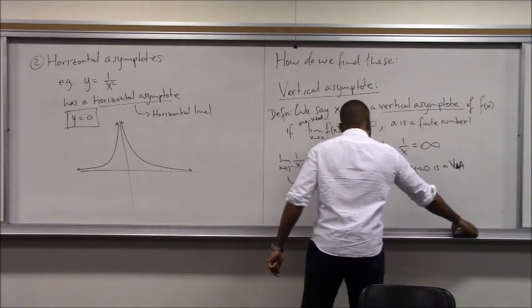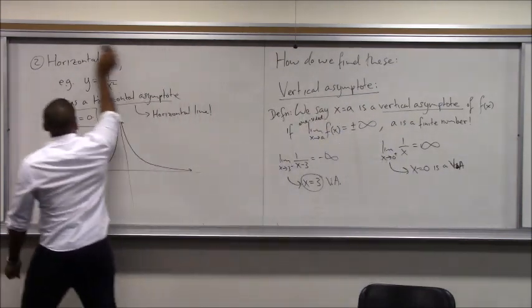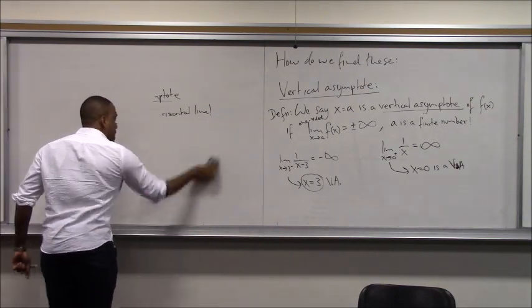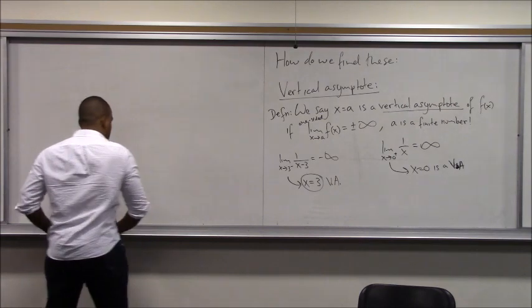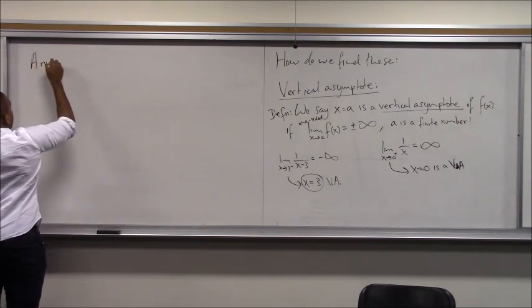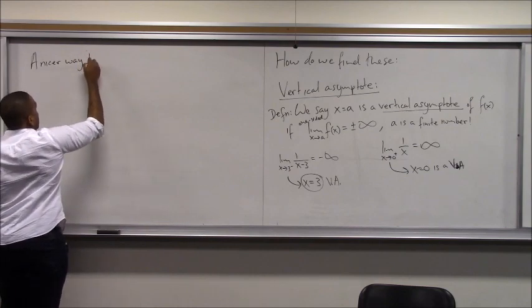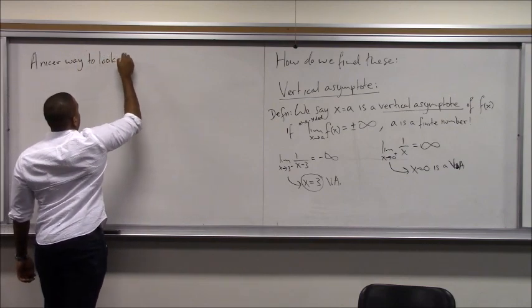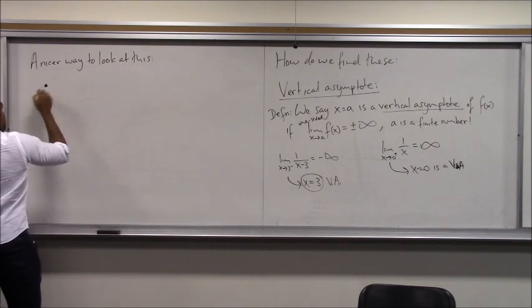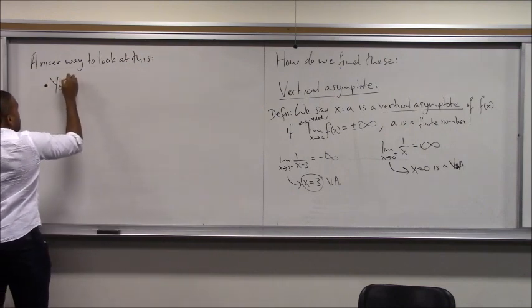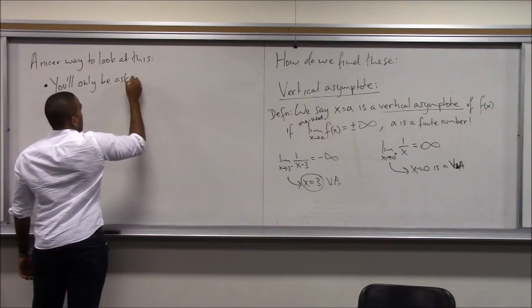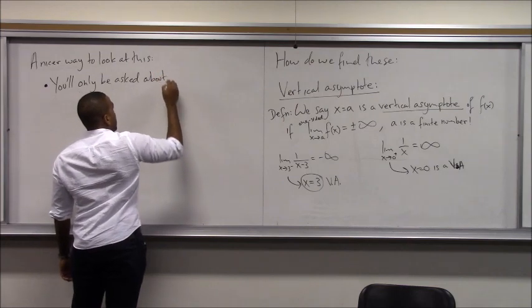Now, I probably wouldn't check it in this way, so let me give you a nicer way to think about vertical asymptotes, because they're usually going to ask you about it in only one situation. So the important part is you will only be asked, so that can simplify matters for us.